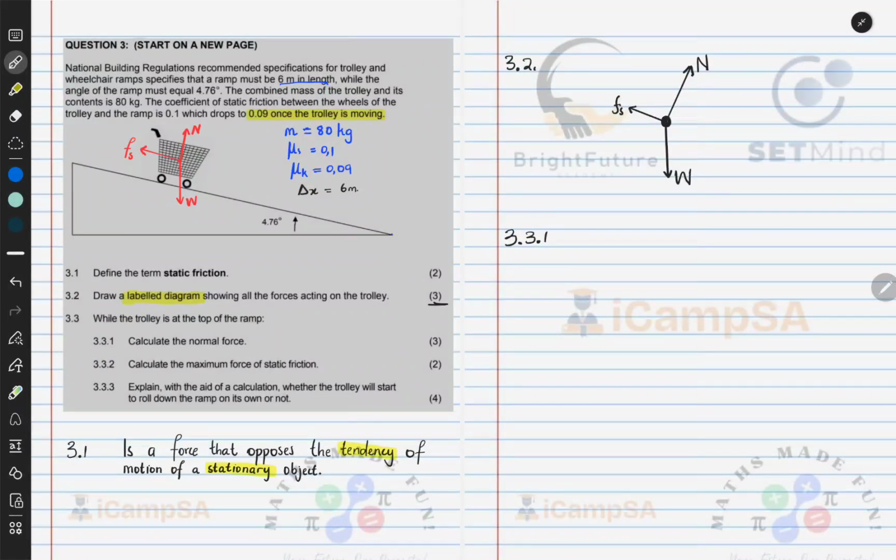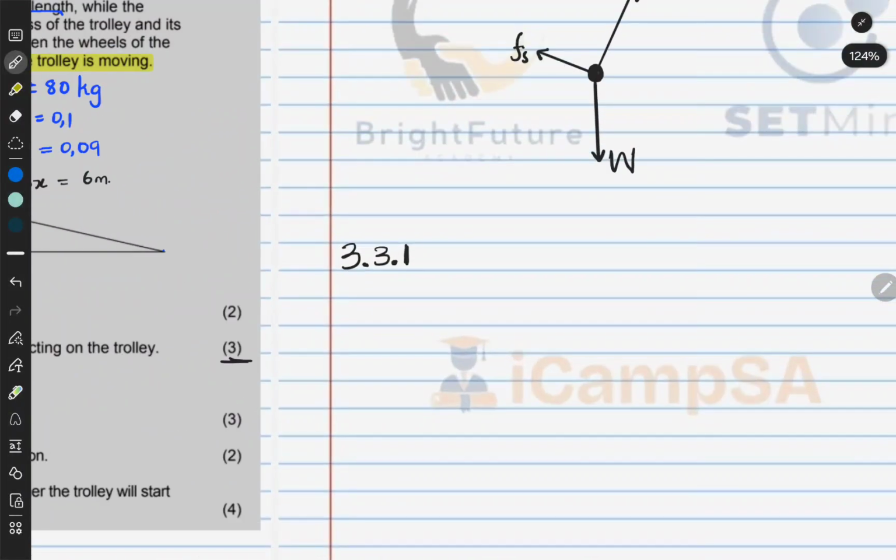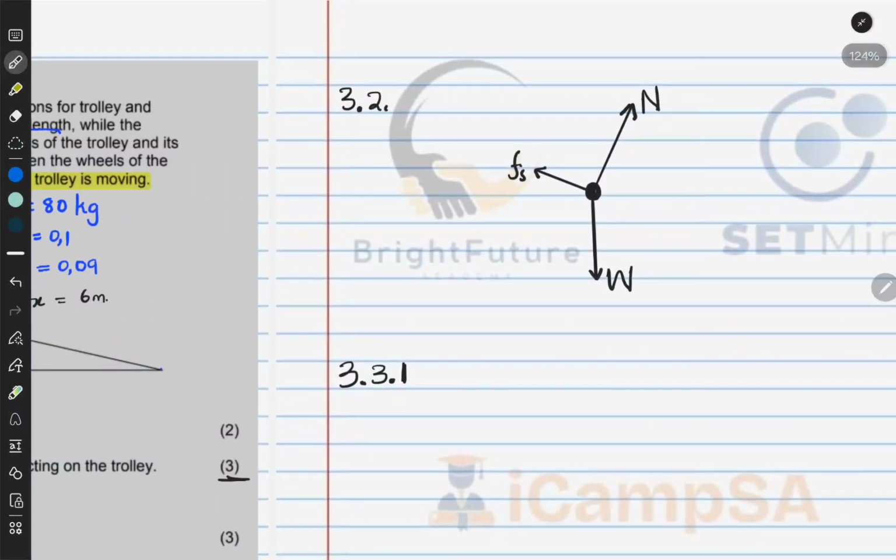While the trolley is at the top of the ramp, calculate the normal force. If you remember, I always say when you find the normal force, what you are essentially doing is taking a sum of all forces acting perpendicular to that object and equating that to 0.